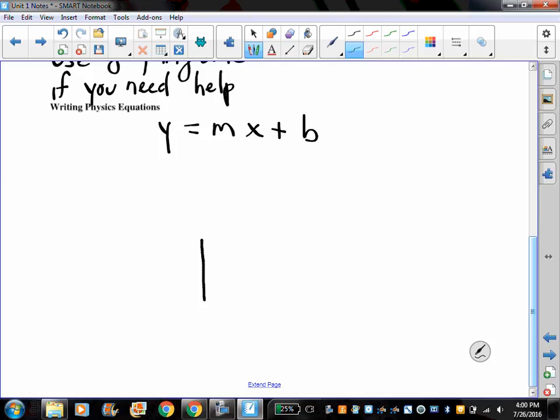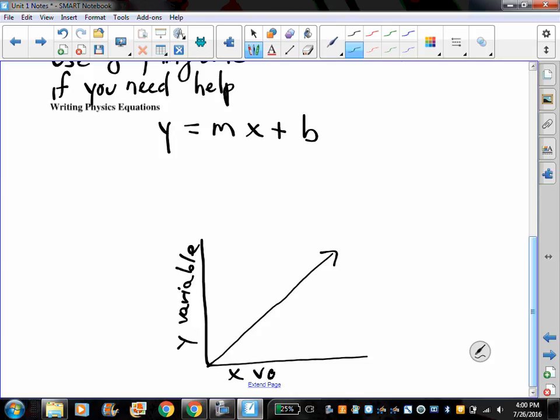So for your graph, you cannot draw or write an equation for it until it looks something like this, where you have your y variable plotted on your y-axis, you have your x variable plotted on your x-axis, and you've got the information for your slope. You have to have that, otherwise you can't write an equation.